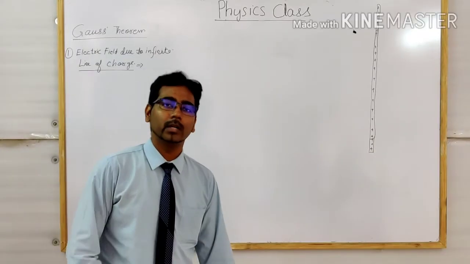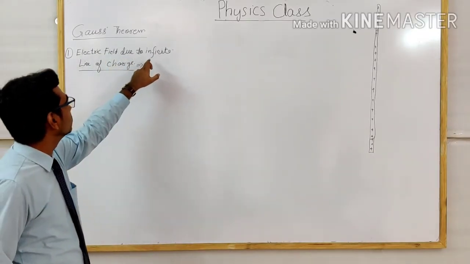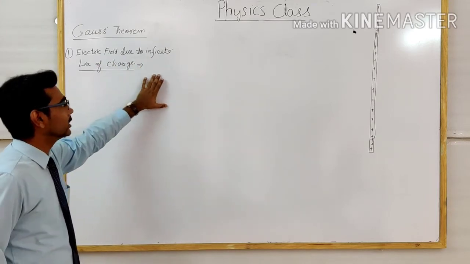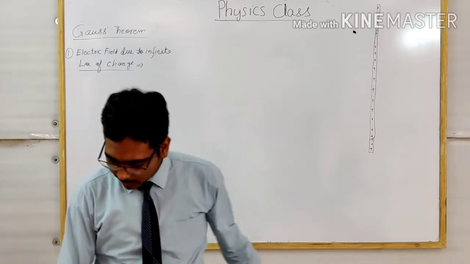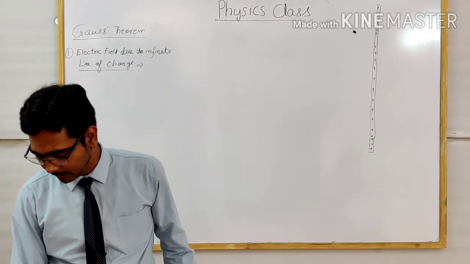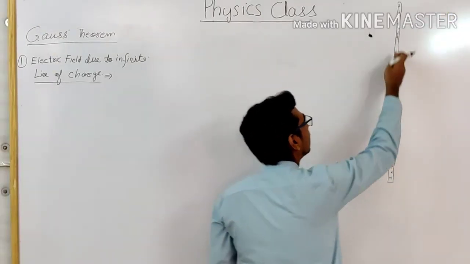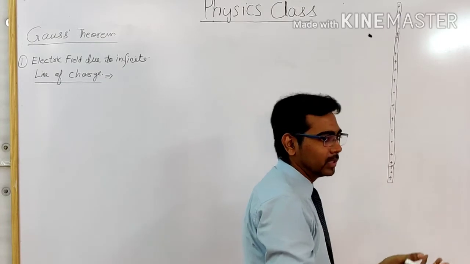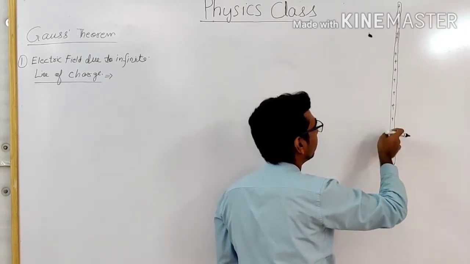So let's begin with our next topic, that is electric field due to an infinite line of charge, a wire of charge you can say. Now we are moving to the application of the Gauss theorem or Gauss law that we have learned. We have taken an infinite line of charge, let us say positive charge, thin and uniform.